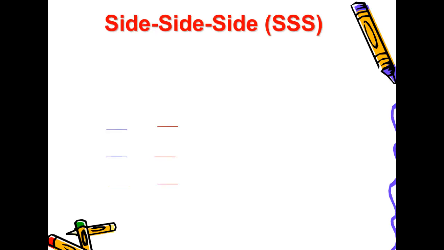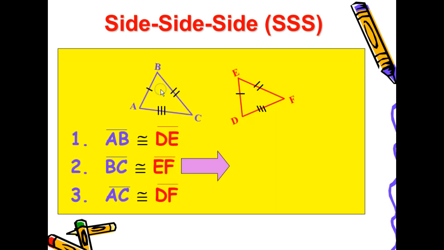All right, let's start with SSS. I introduced to you side, side, side. Isn't that clever? We call it SSS. All right, side, side, side. SSS. If you know that one side of the blue triangle is congruent to its corresponding side in the red triangle, and BC, which is in the blue triangle, corresponds to EF, etc., you will notice we have an S, an S, and an S with just these 3 and no angles.